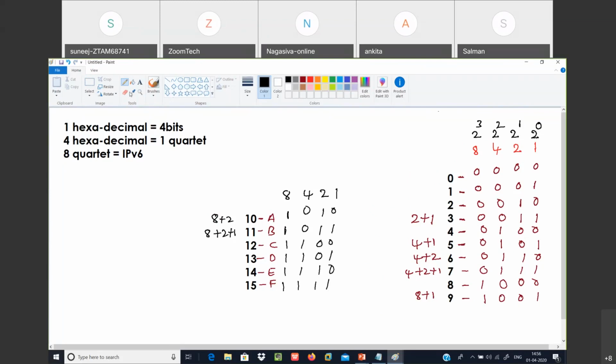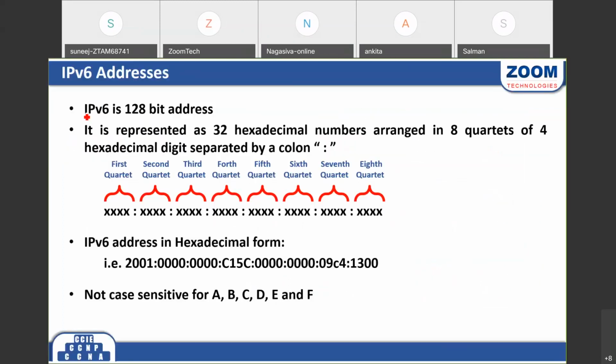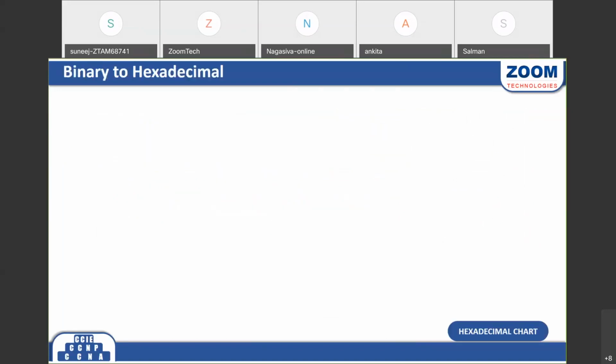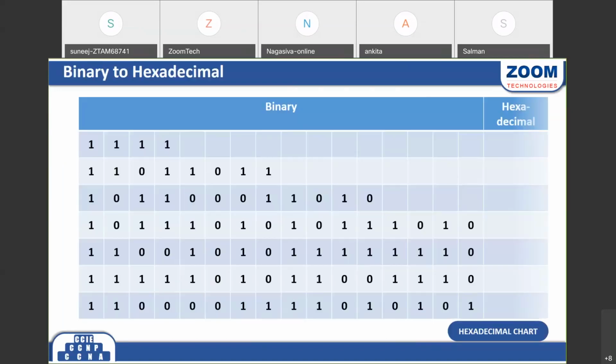So this is the first point here. One hexadecimal digit indicates 4 bits. Here, let me do some examples. This is a chart here. I'm going to convert from binary to hexadecimal numbers. 8, 4, 2, 1.